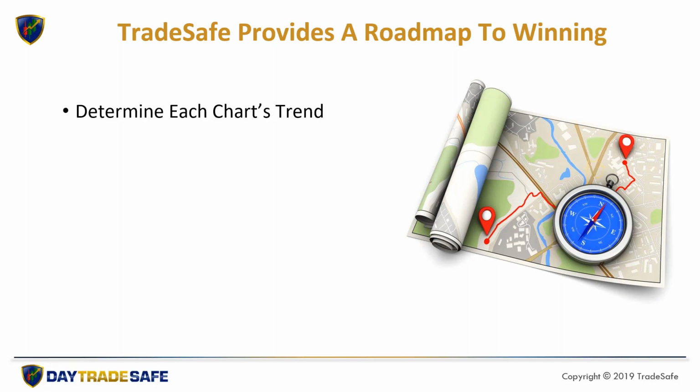Please, above all, don't use that old common statement, higher highs and higher lows. That's totally useless. It's garbage. It's subjective. It's discretionary. You at least use an acceptable trend indicator that is reliable.